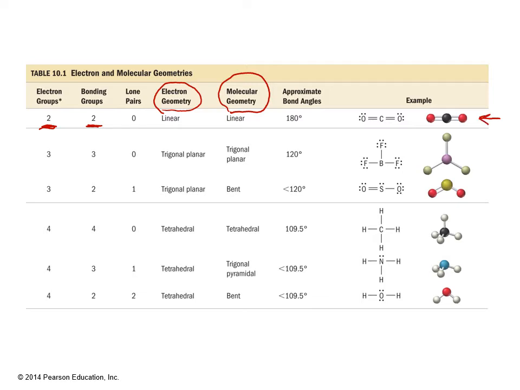The carbon is in the center with no lone pairs. We have two electron groups, which are two double bonds, and we form a linear molecule, a line. Our bond angle from one bond to the other is 180 degrees.